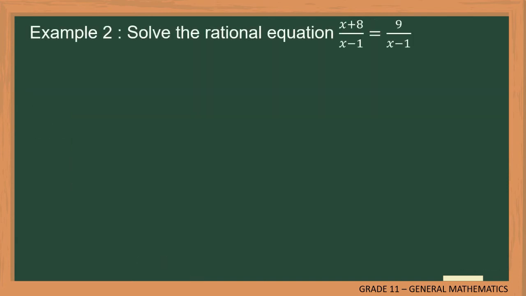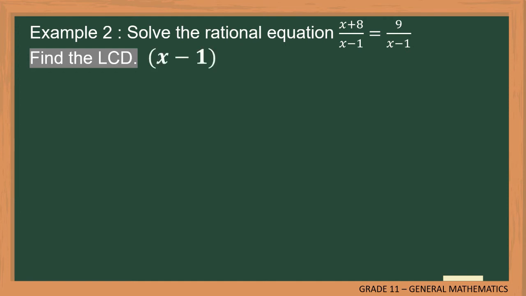Next, example number 2. Solve the rational equation x plus 8 over x minus 1 equals 9 over x minus 1. Again, anong unang gagawin nyo? Find the LCD. So, ang LCD natin ay kitang-kita naman pareha sila, and that is x minus 1.